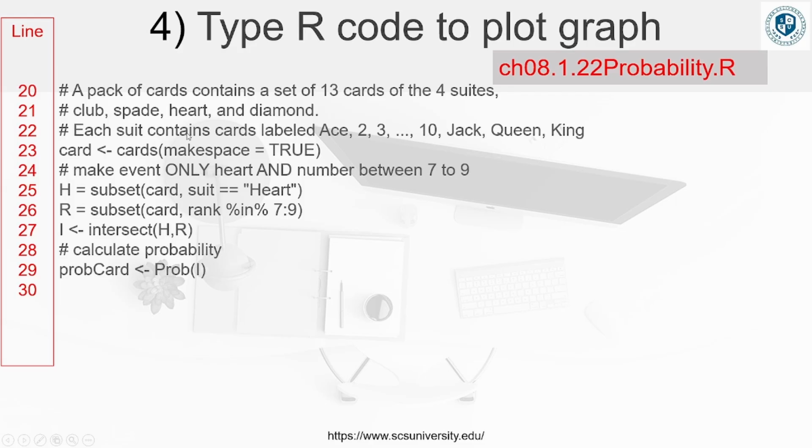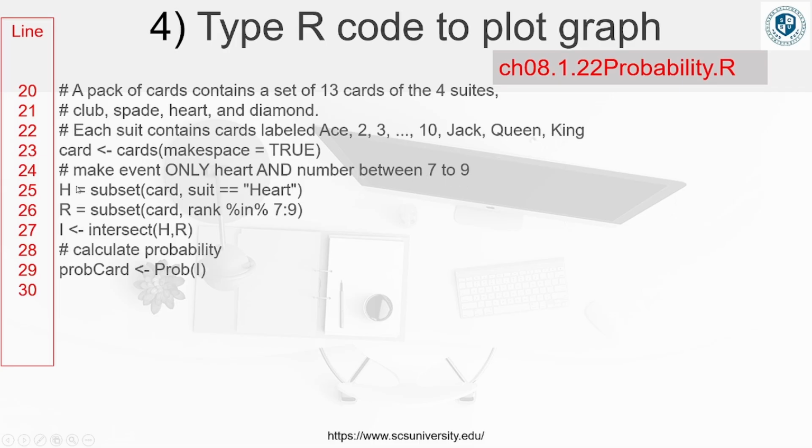Line number 22 sharp, each suit contains cards labeled ace, 2, 3, up to 10, jack, queen, king. It is a comment line. Line number 23, card <- cards(makespace = TRUE).